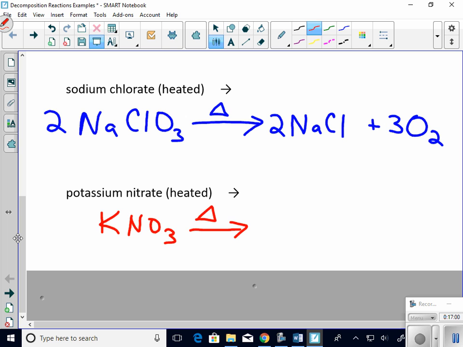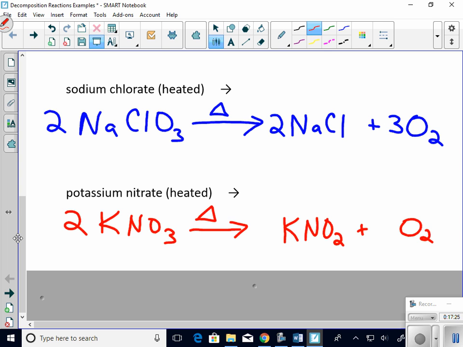So what that means is potassium nitrite and oxygen. Now, obviously, am I balanced here? No, I am not. I've got an odd-even problem again with my oxygens.